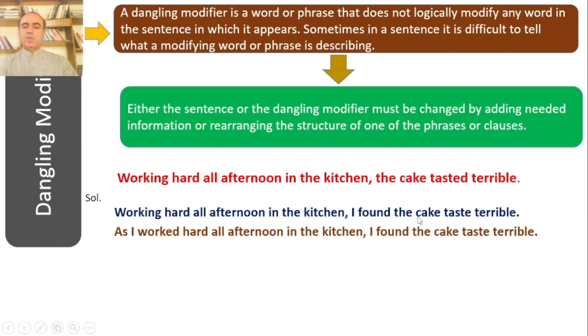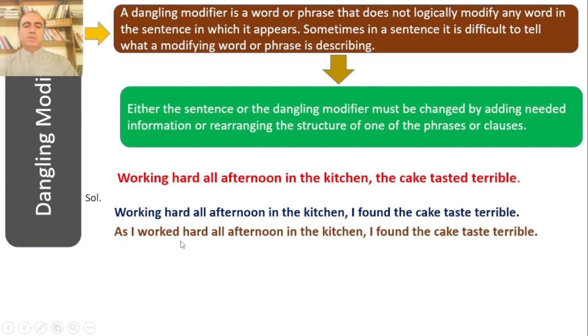In this case, we see a subject. We see the word that was missing in the original example we have supplied here, and similarly we have supplied "as I" here. As I worked hard all afternoon in the kitchen, this "working hard" has been changed into "worked hard".